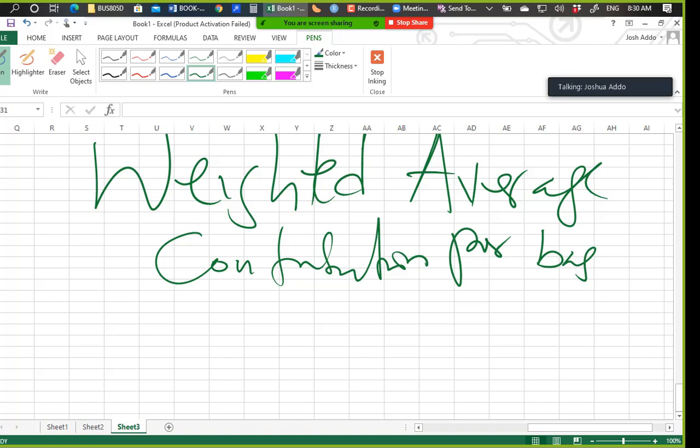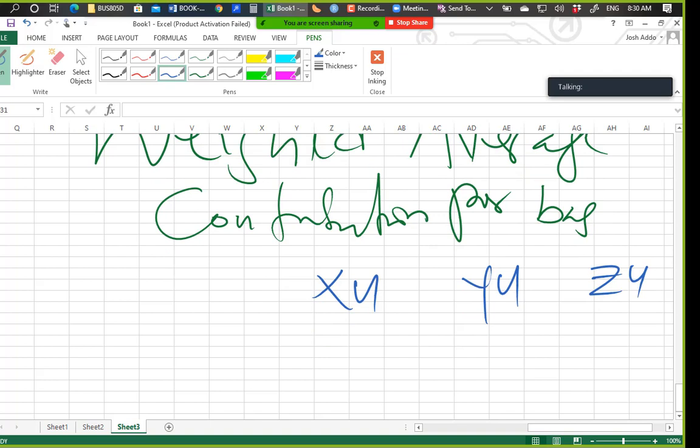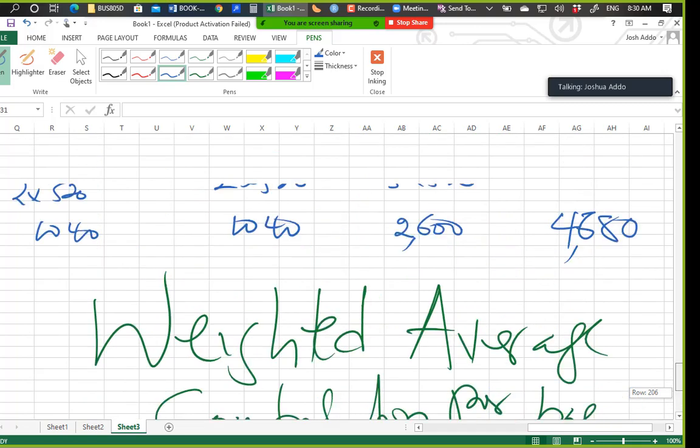So weighted average contribution is like saying, if I have these three products with their contribution per unit, this one was 0.75, this one was 0.5, and this one was also 0.75, if I am not mistaken.